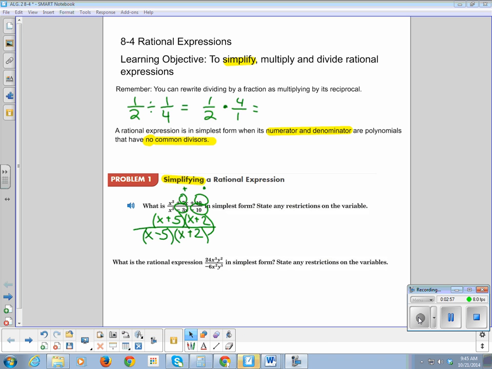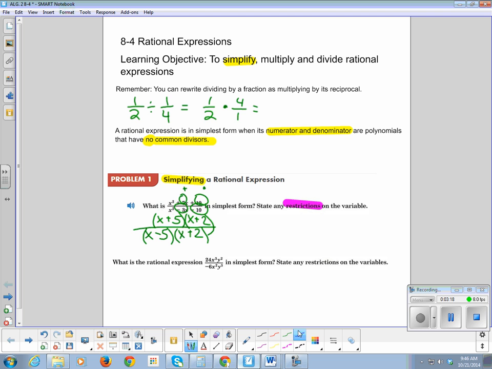So one thing that we're going to do is set our restrictions first. Before we simplify, I want to set restrictions. Anything in our denominator that makes the denominator 0, we need to call it out, and we promise we won't make this denominator 0.